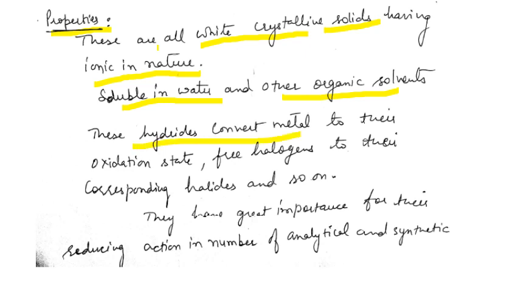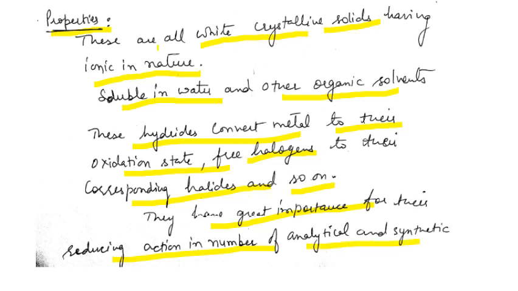These hydrides convert metals to their lower oxidation state and free halogens to their corresponding halides. They have great importance for their reducing action in a number of analytical and synthetic purposes. So they act as reducing agents; lithium borohydride is a famous reducing agent.